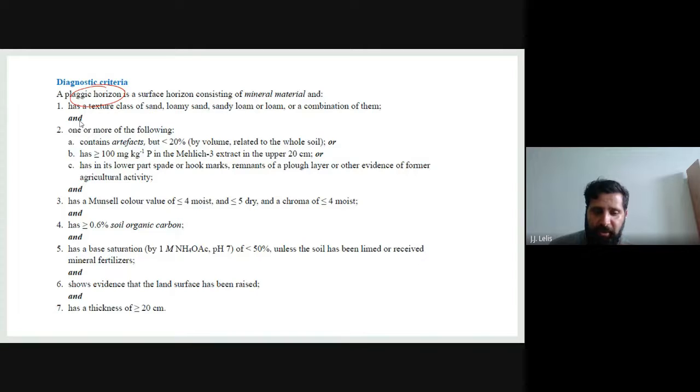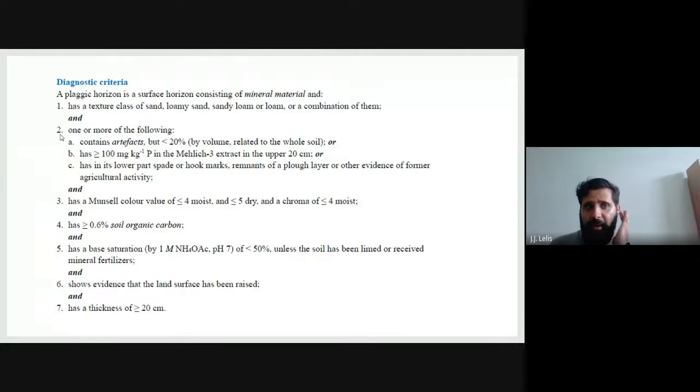Let me check if this horizon that I'm describing in the field follows all these criteria. So I can see in the book, okay, this horizon follows this, and this. Okay, this is a pelagic horizon.